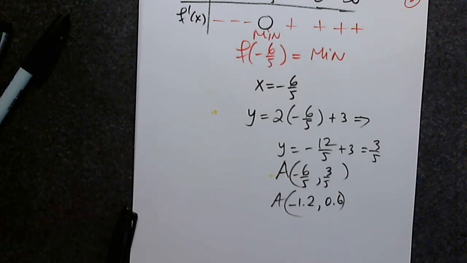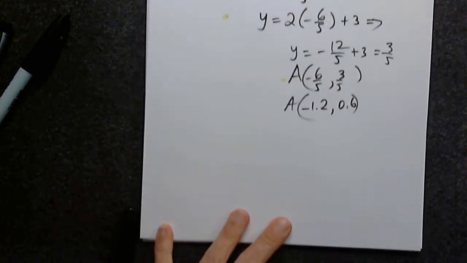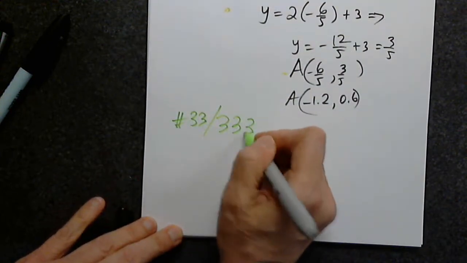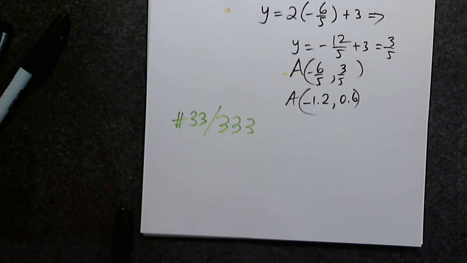Number 33 on page 333. Let's take a look. The top and bottom margins of a poster are each 6 centimeters and the side margins are each 4.